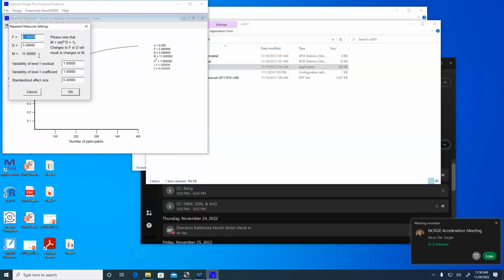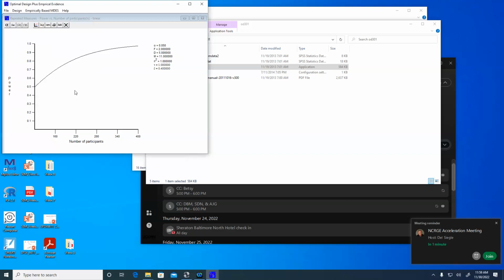But this is the variability of sigma. This is the variability of tau 1,1. And what's really important here is just thinking about what a reasonable ratio might be. And then this is the standardized effect size. Once you put all that in, you get a power curve, and the x-axis is the number of participants.